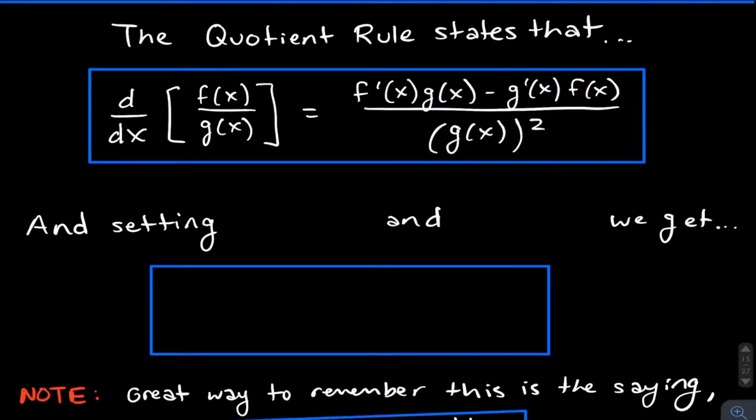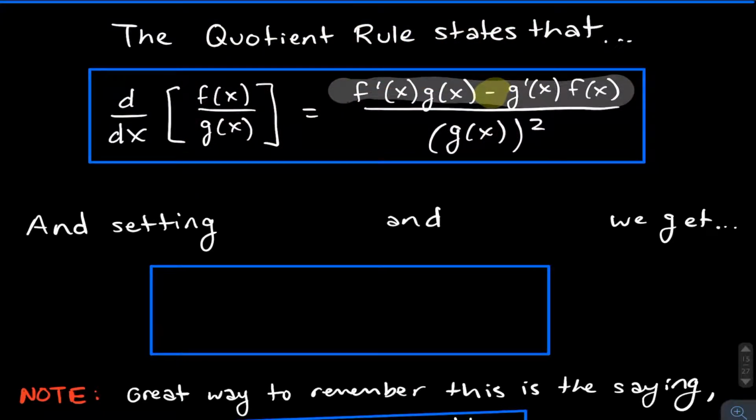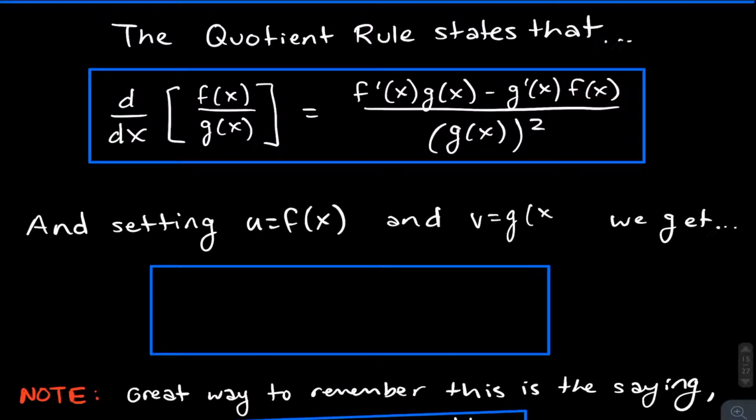Basically right here, this is just product rule. That line that I just highlighted, that's product rule, except now we have a minus. That's the only difference. To see that even more, let's set u equal to f of x again, and we'll set v equal to g of x. So we're going to actually see this here.